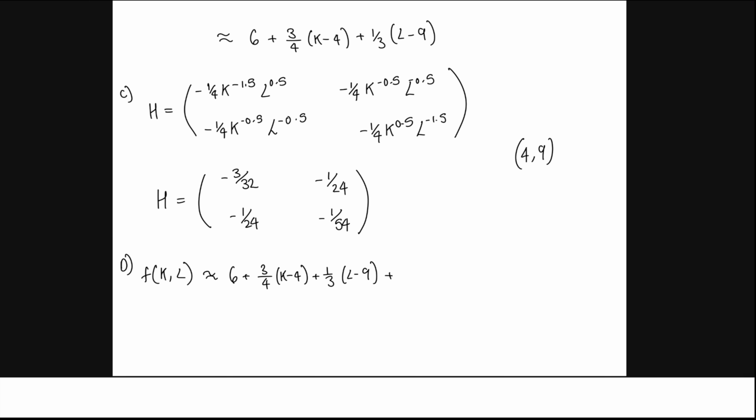And all we need to do now is just sandwich the Hessian between the vector (k − 4, l − 9) transposed, and our Hessian, and then again (k − 4, l − 9).